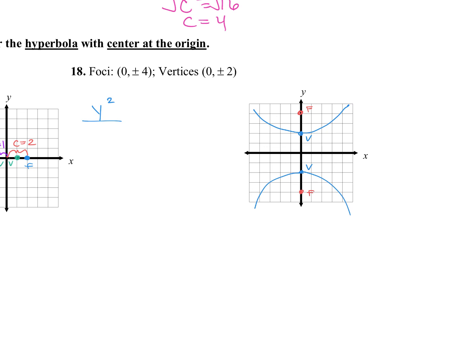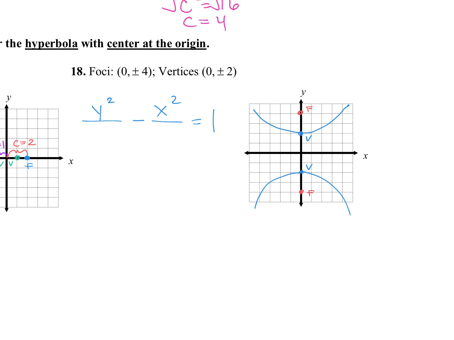Because the center is 0, 0, you don't have to shift it at all. And we are subtracting. So we know it's going to look like that. Okay. Can you tell me your a value right now? We don't know it, right? A is whatever is going left and right from our 0, 0, and we don't know that one. We don't have our general setup here.